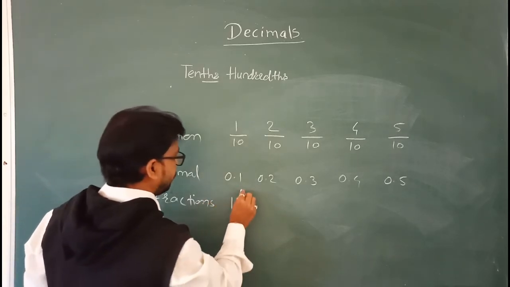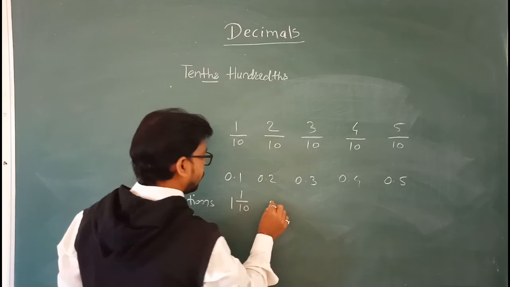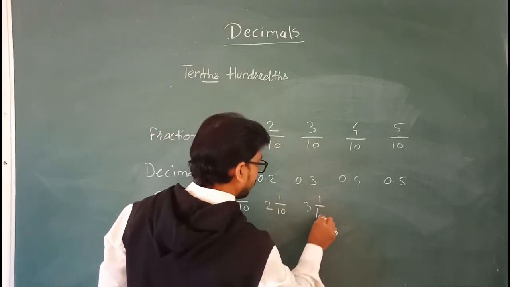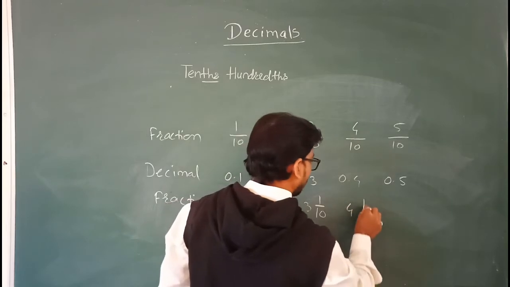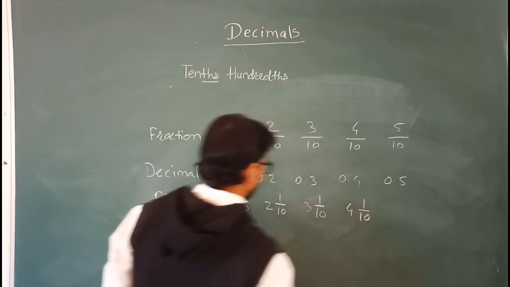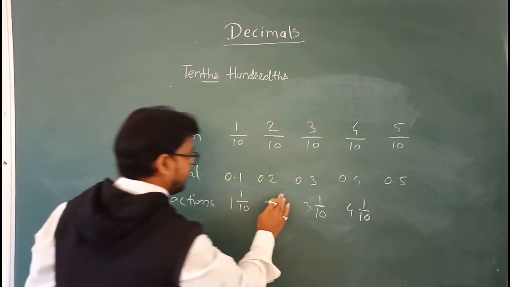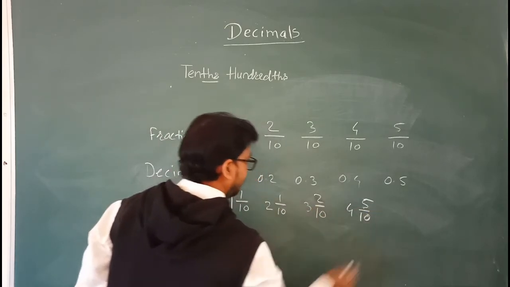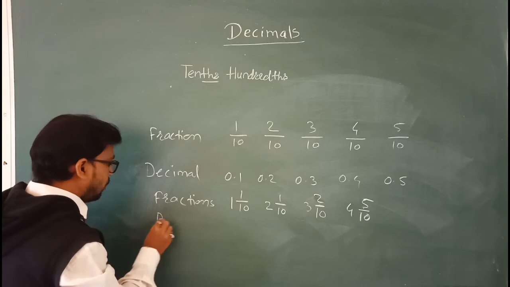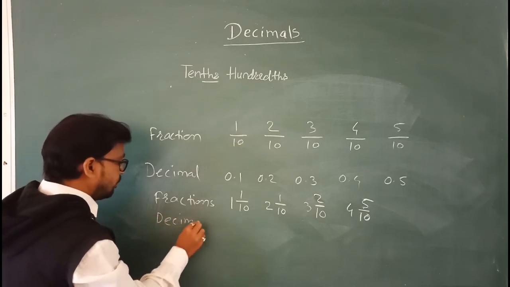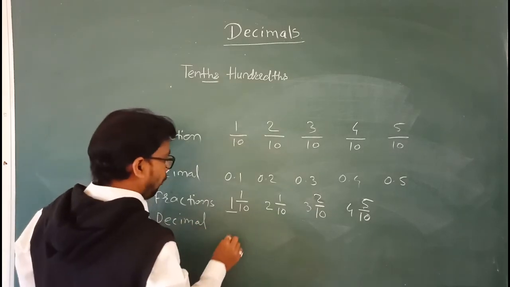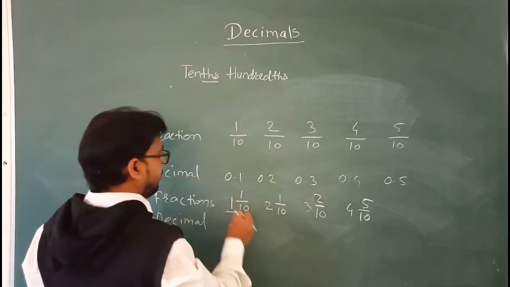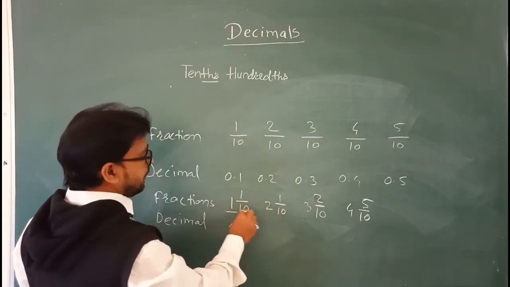Suppose the fractions are like one whole, then how to write? Suppose here it is 2, here it is 5/10. Okay. So how to write in decimal? Write one whole as it is, and we have to write the decimal point.